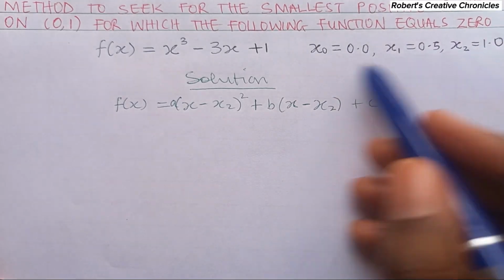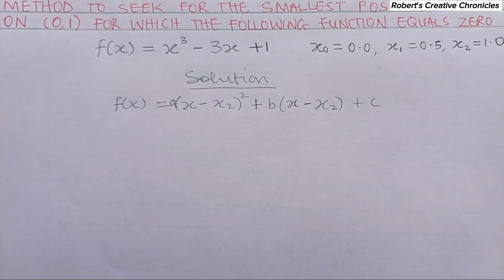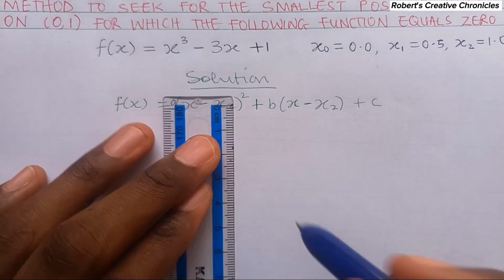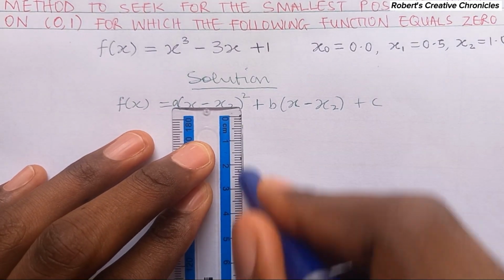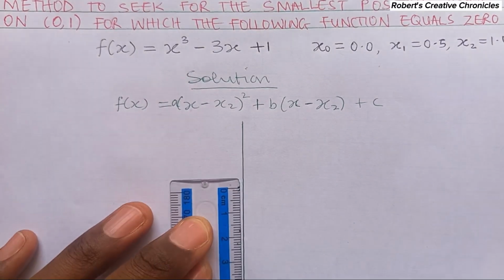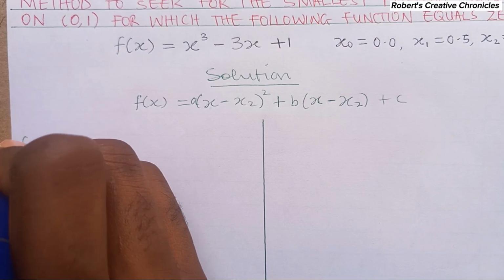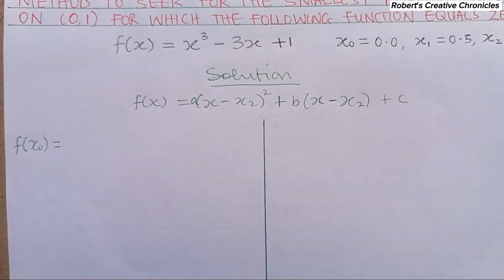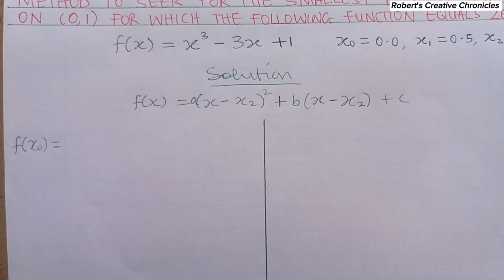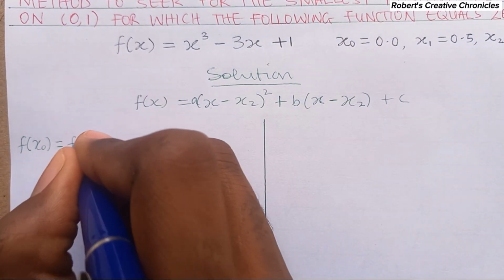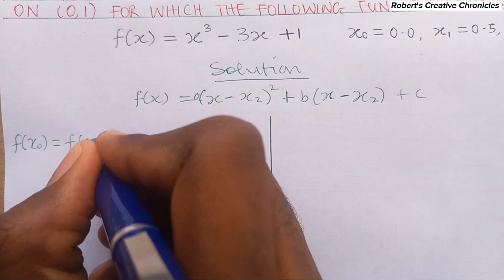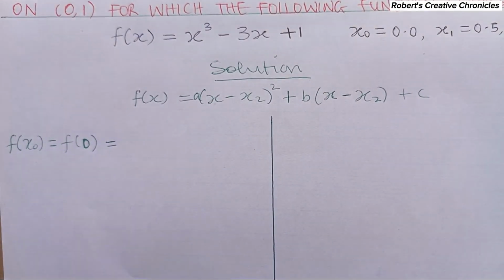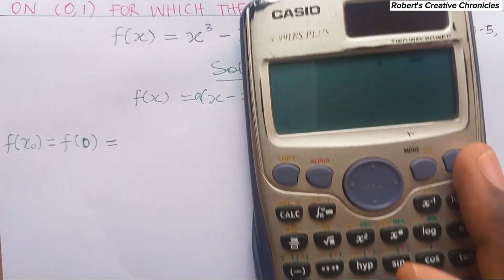First, let's find the functions of all these 3 initial approximations. Let me demarcate this to make it easy. The function of x0, which is equal to the function of 0.